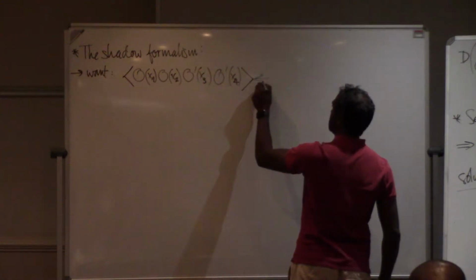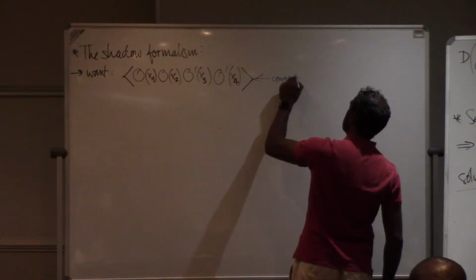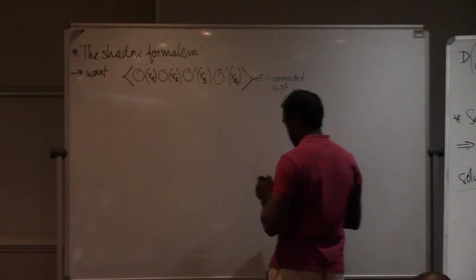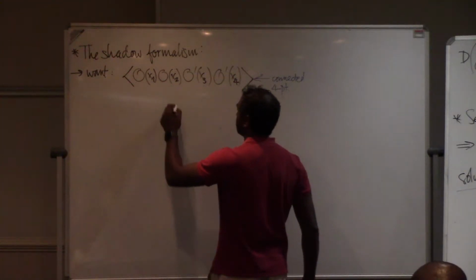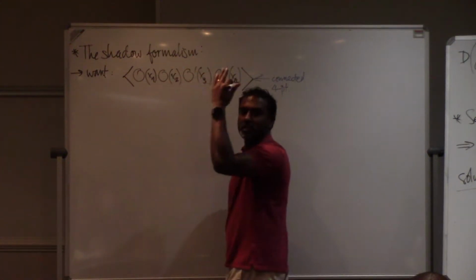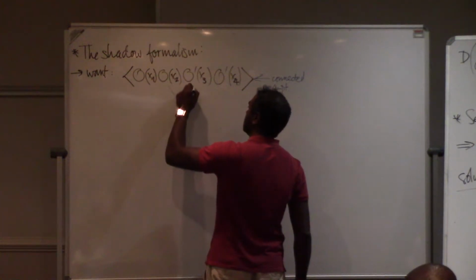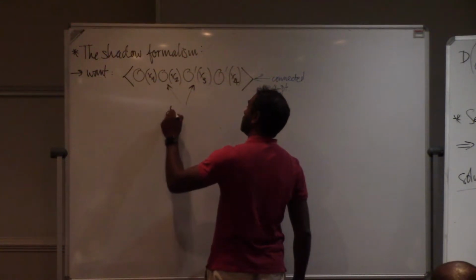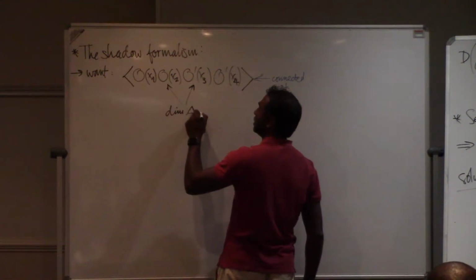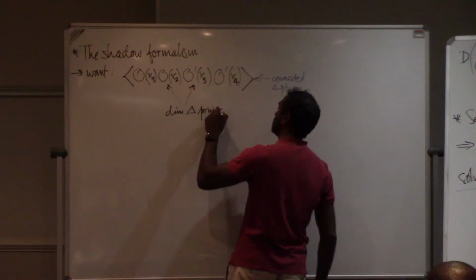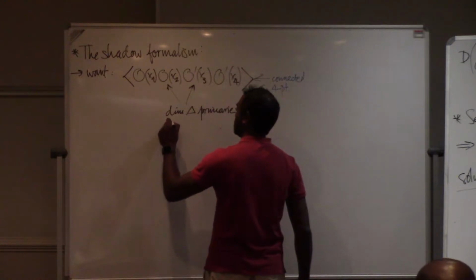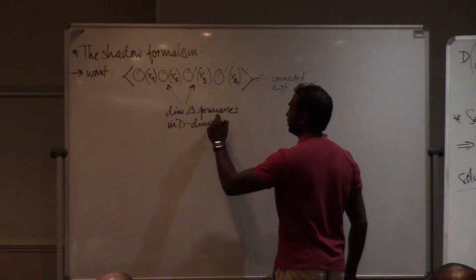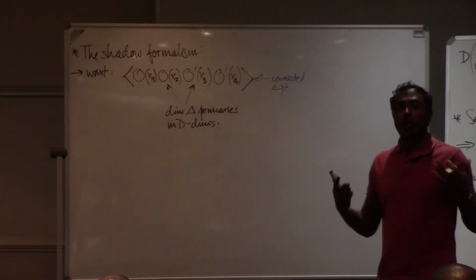These are dimension delta conformal primaries in, let's say, d dimensions. So this is what we want. This is the 4-point function.